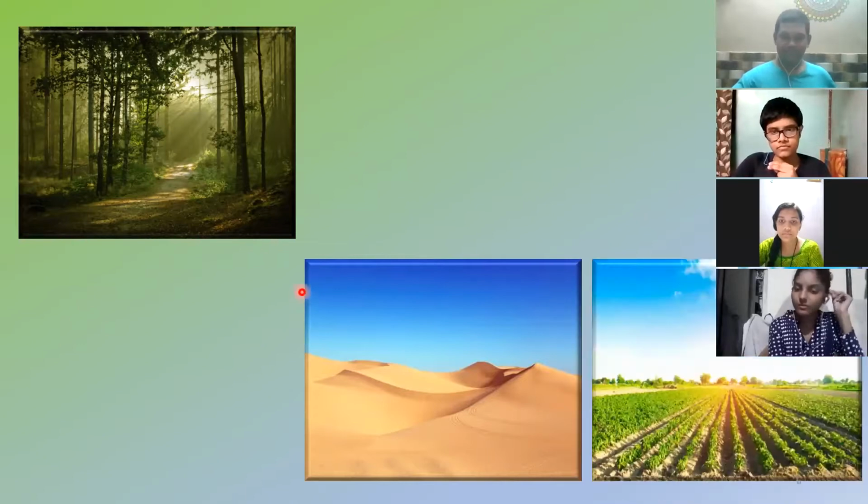Next. Tell me the name of the ecosystem first. Desert is done, forest is done. Which one is this? Field. It's an agricultural field.